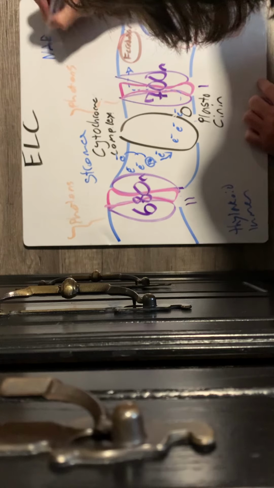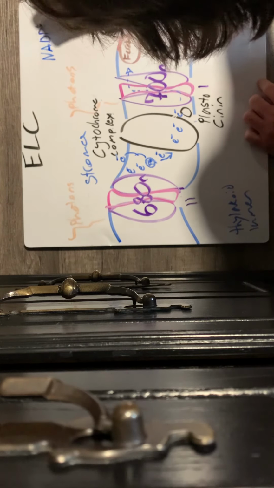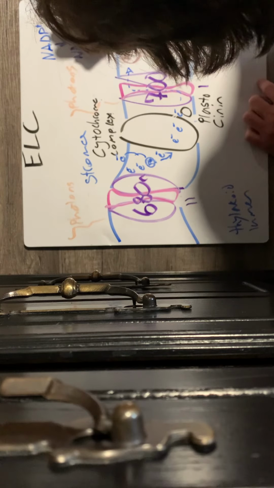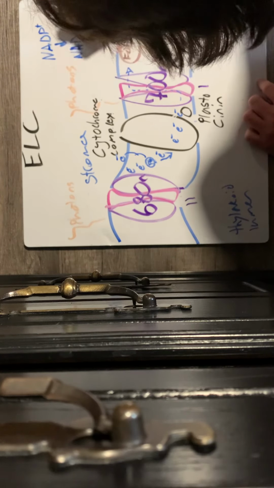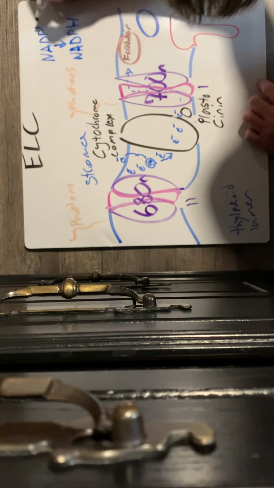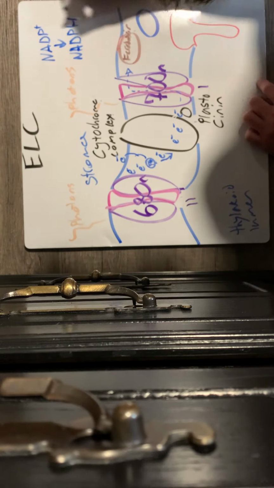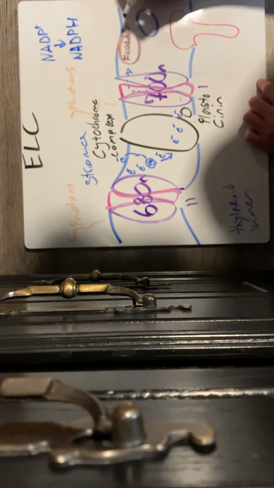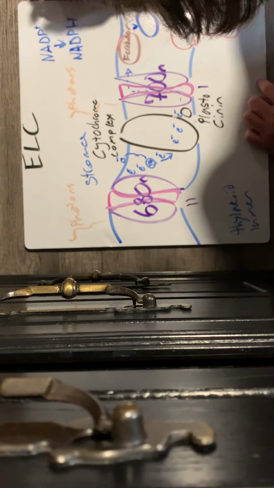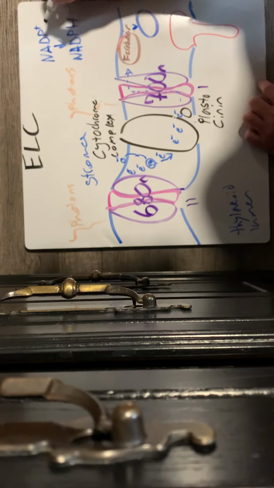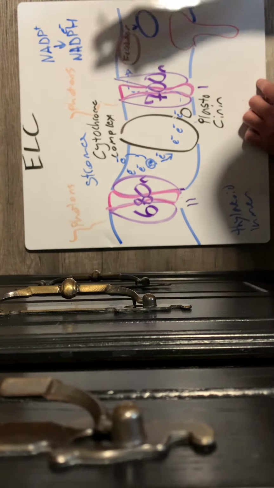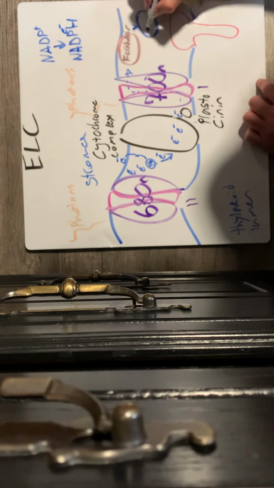NADP plus becomes NADPH, and it becomes reduced. That's the job of ferredoxin: to reduce NADP plus to become NADPH. And the first electron will occur there.